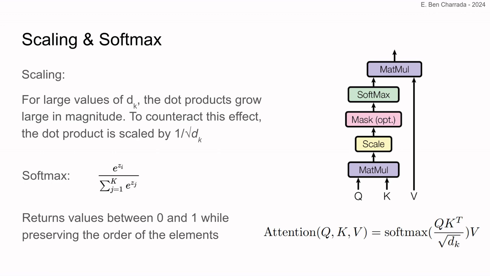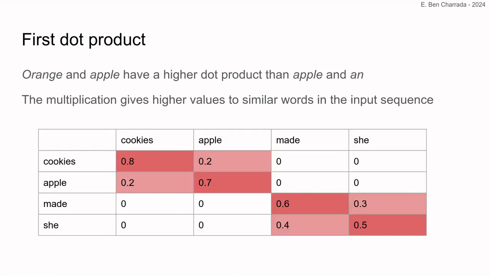After that, we will apply the softmax. Using this formula, it transforms all the values to values between 0 and 1 while preserving the order of the elements. So bigger elements will stay bigger, closer to 1.